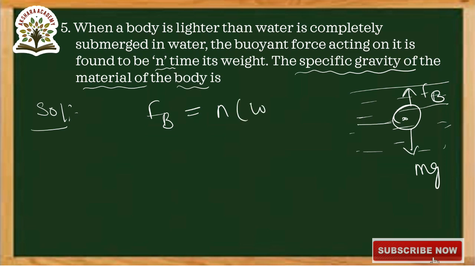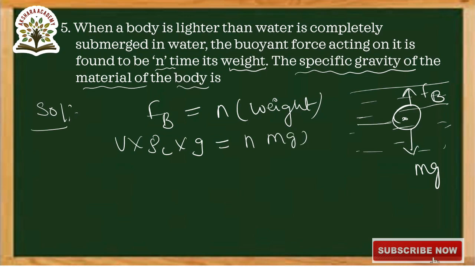The given buoyant force acting on it is found to be n times its weight. So Fb is equal to V into rho L into G, that is equal to n into weight, nothing but n into G.